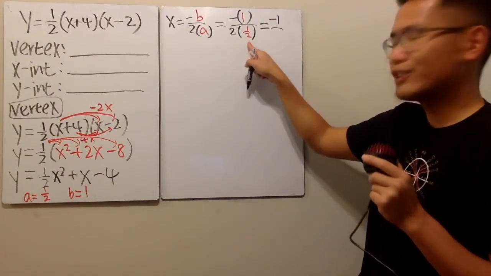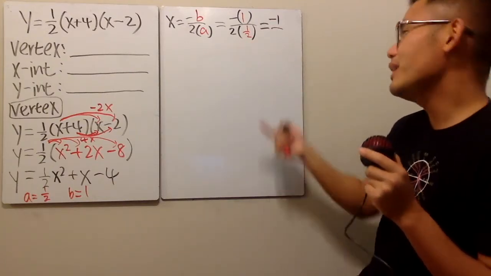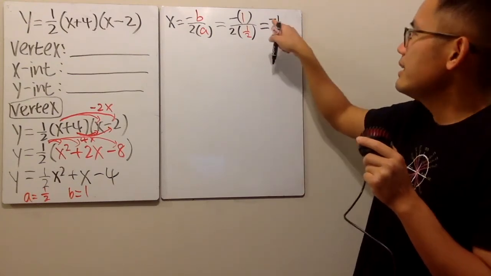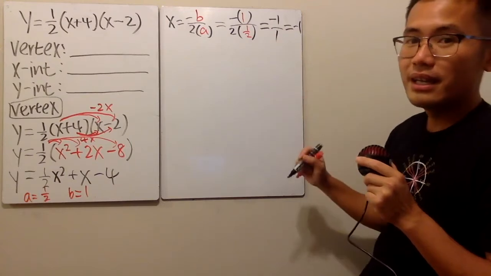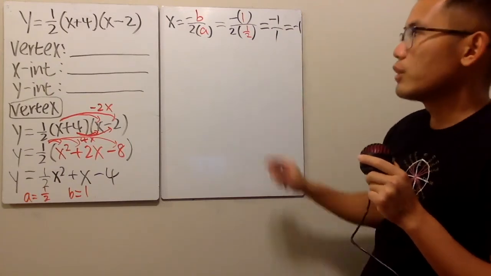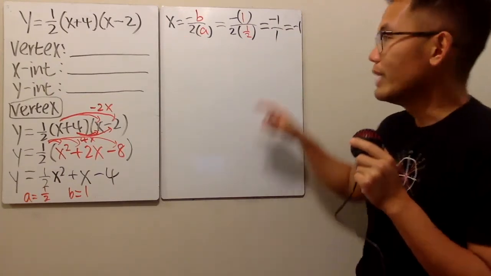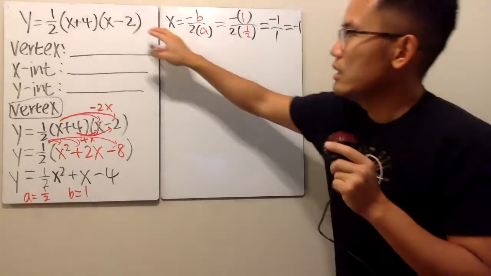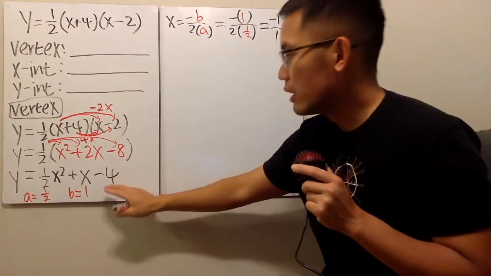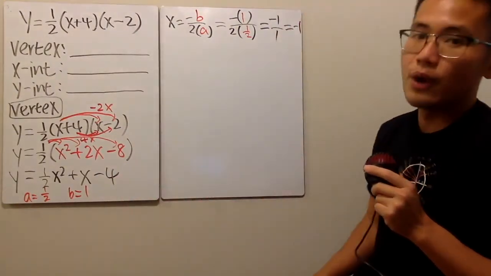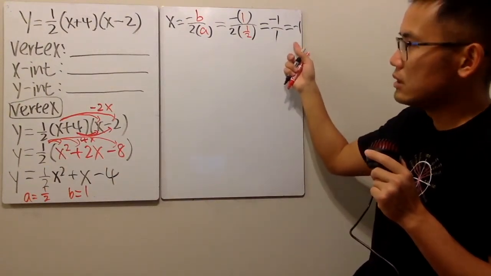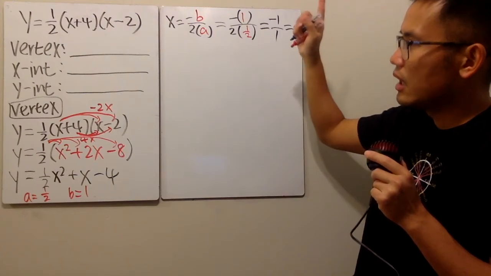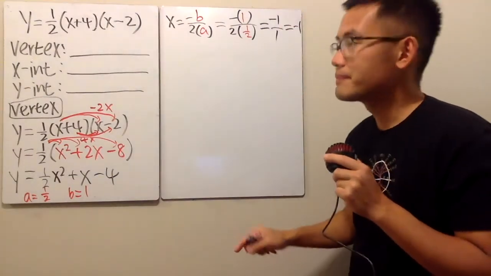And if you don't like fractions, you can just use 0.5, and you end up with 1 anyway. In the end, negative 1 divided by 1 is negative 1, right? However, this is only the x coordinate. We have to put this back into either the original or this one, and then get the y value, right?